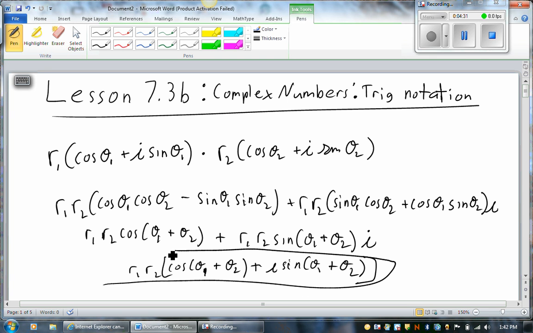And this right here is going to be our general rule for when we have to multiply two complex numbers that are written in trigonometric notation.